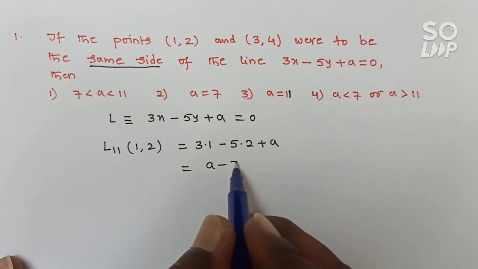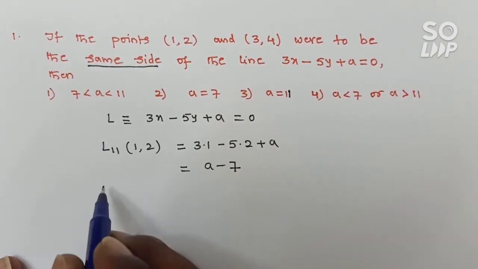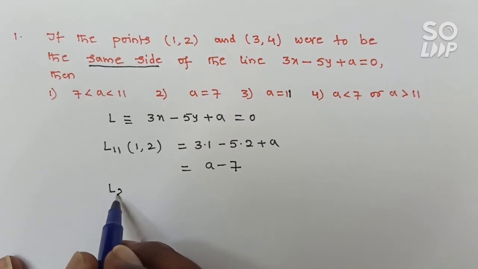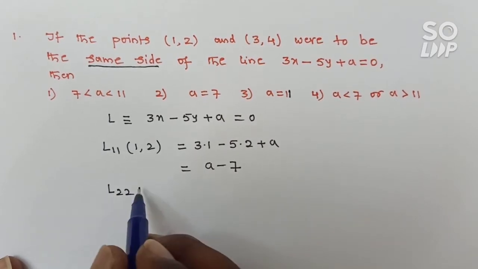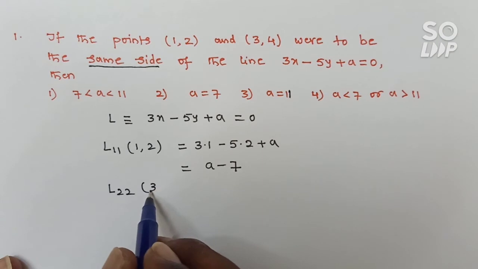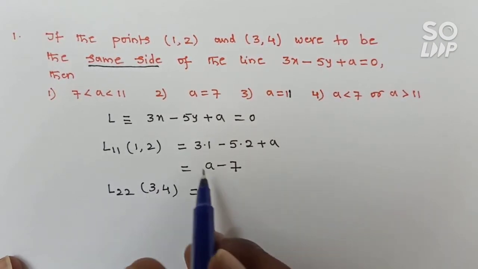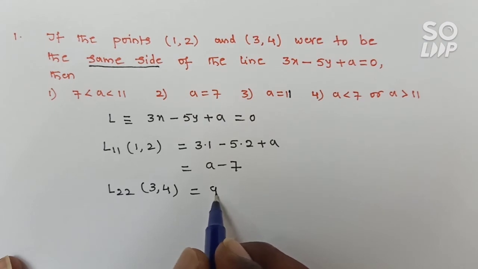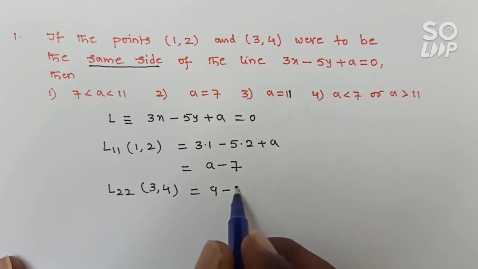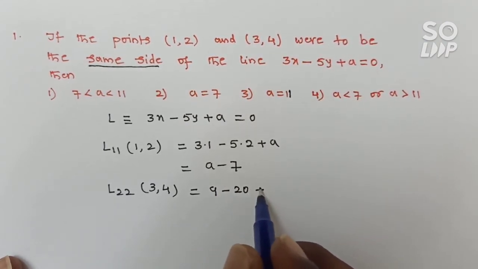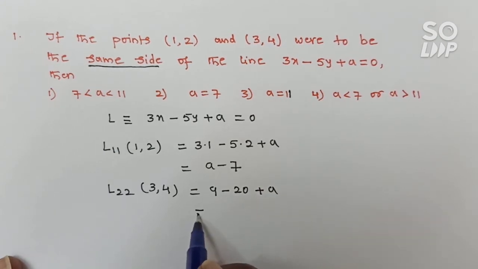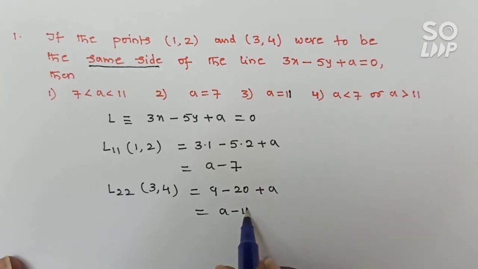So that is a minus 7. Next, L22. L22 means with respect to the point 3 comma 4. So here you write 3 into 3 is 9, minus 5 into 4 is 20, plus a, that is equal to a minus 11, right?